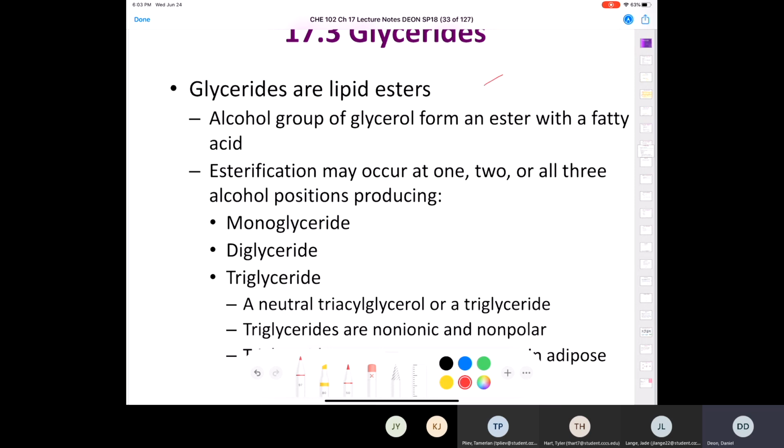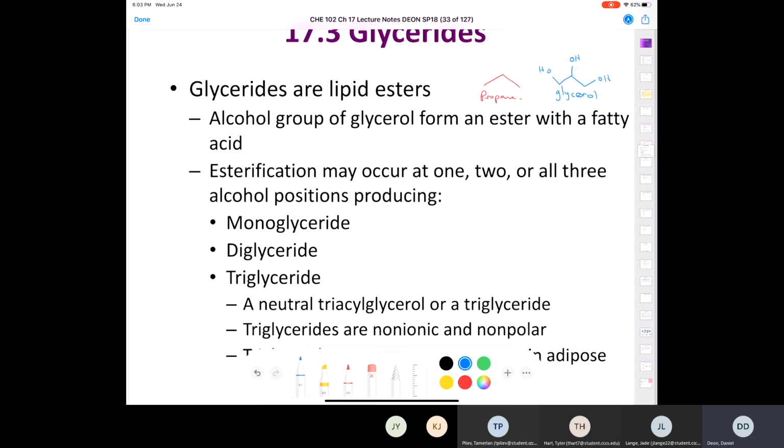If we draw propane, this is a molecule of propane. And if we put an alcohol, or an OH, or a hydroxyl on every one of those carbons, so one here, one here, and one here, this is a glycerol molecule.